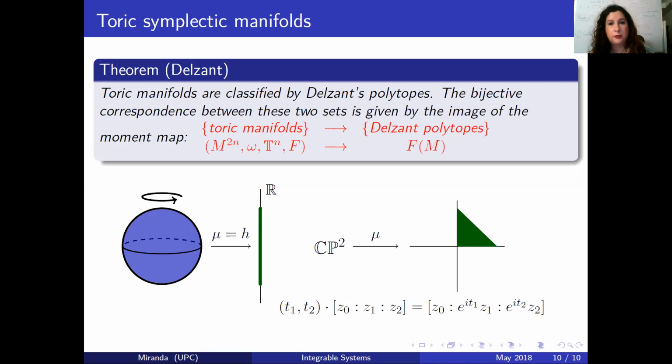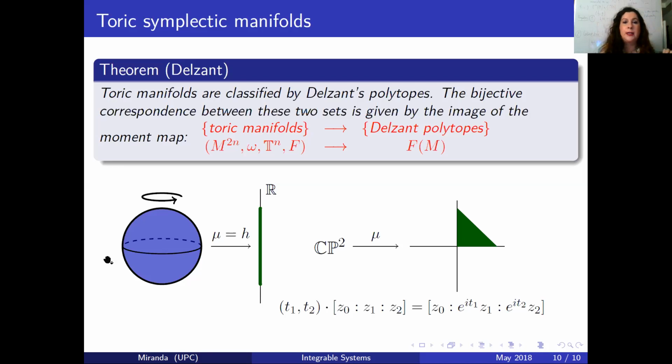In dimension 4, let me take for you CP2. Why not? Let's take CP2. I can take the complex projective space. And this is four-dimensional if I think of this as a real manifold. Therefore, if I want to check that this is toric, I need to find a two-dimensional torus acting on this.